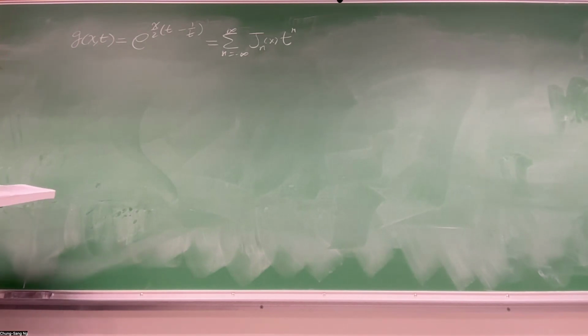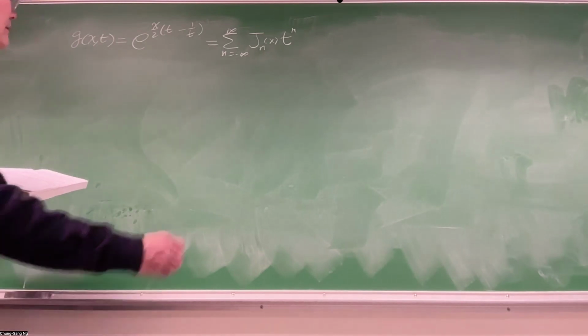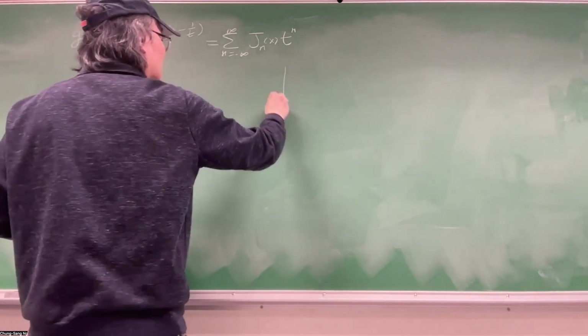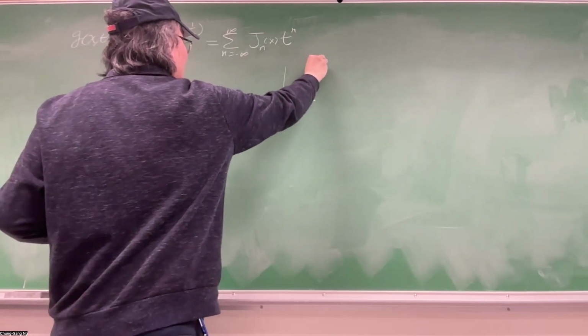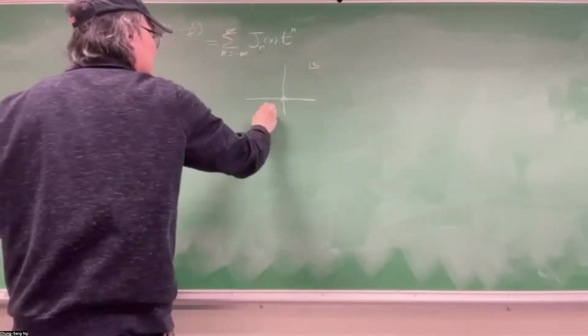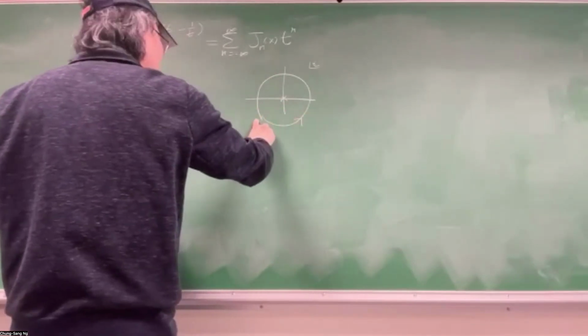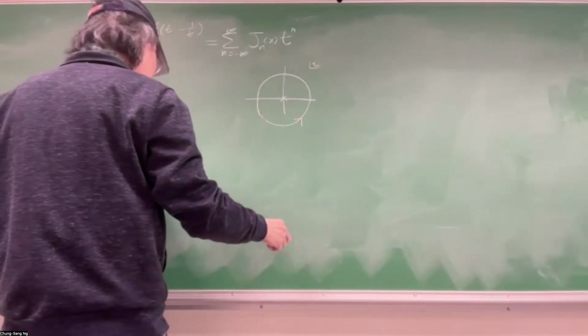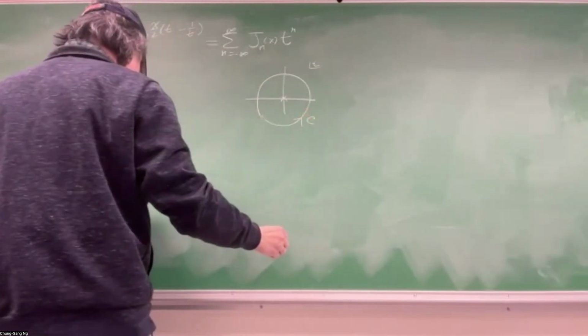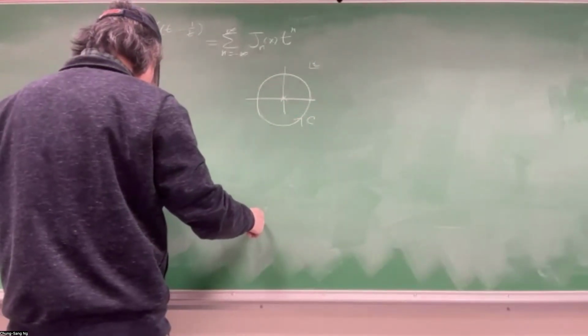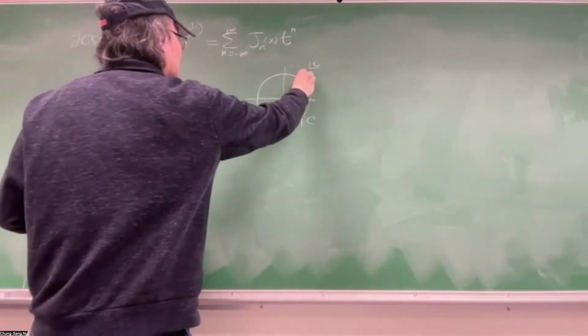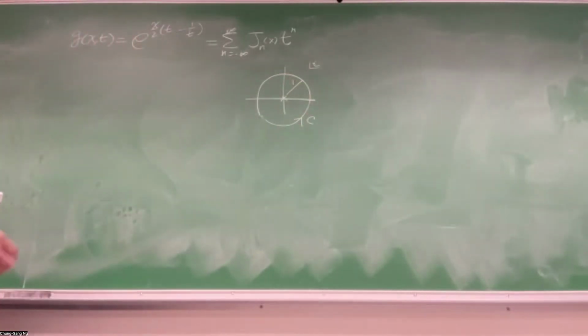We can just consider a contour, whatever contour that circles the origin, like a circle. In particular, we can set the radius to 1, a unit circle.